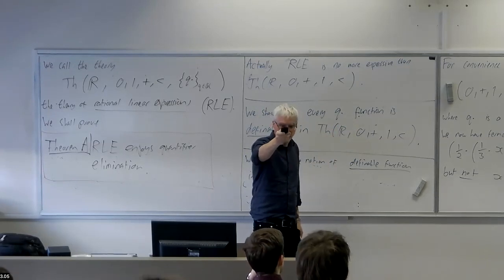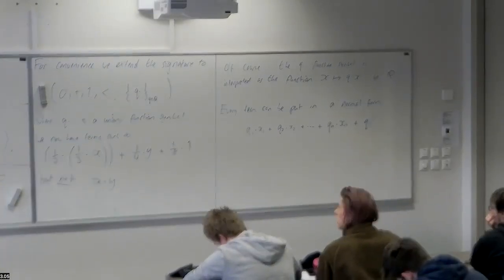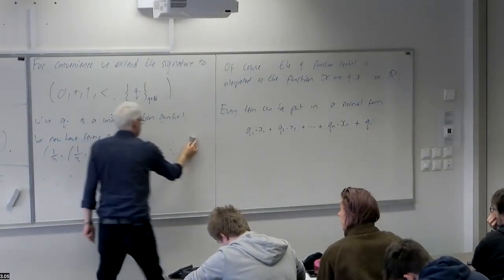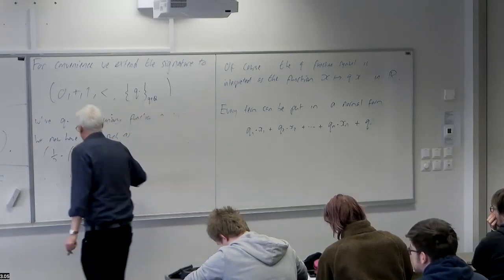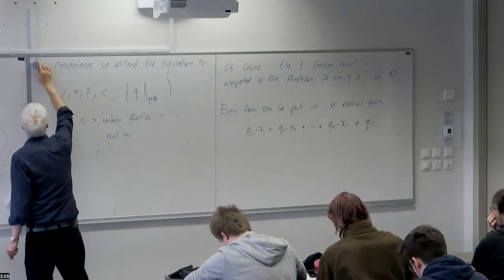So there's an easy part to this and a difficult part. The difficult part is actually much more difficult than one would expect it to be. So the easy part is, what does it mean for a function to be definable?